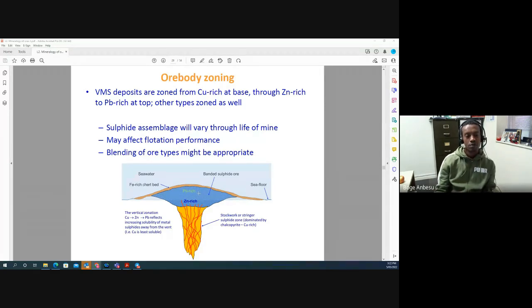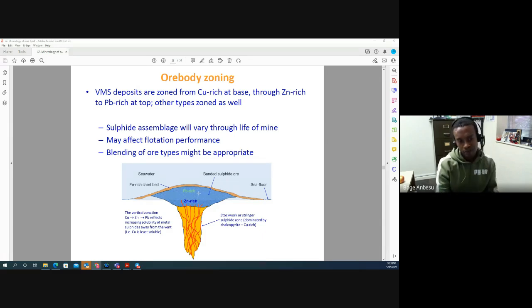We care because if the idea of your plant was to separate copper sulfide, zinc sulfide, and lead sulfide all together, but when you mine, you just pick the top zone, which is in this case only the lead-rich zone, then your plant all of a sudden has to run only for recovering the lead, and you don't have zinc or copper coming through the plant. As you go deeper, now you have the zinc and no lead and copper. As you go deeper, you have only copper.